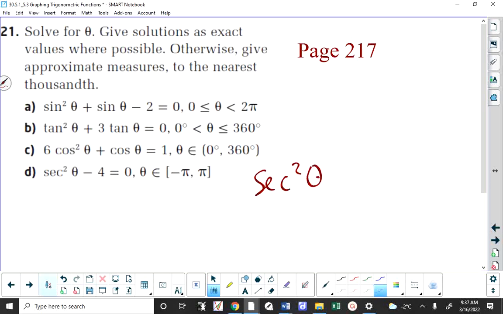So there are a couple of issues with this one. First of all, there's no linear term. The other issue is it's a reciprocal trig ratio of secant. And the third one is it's this goofy domain, negative pi to pi.